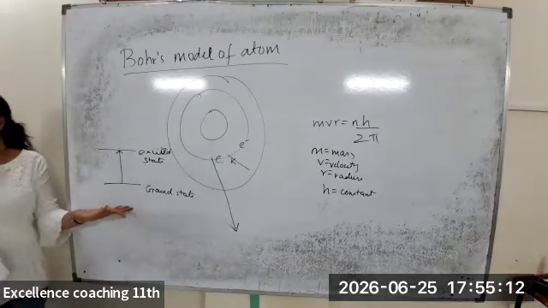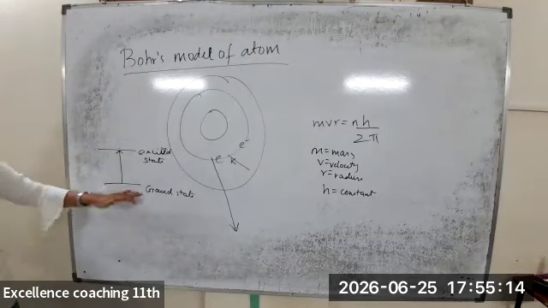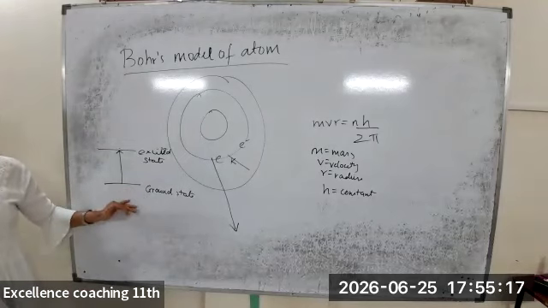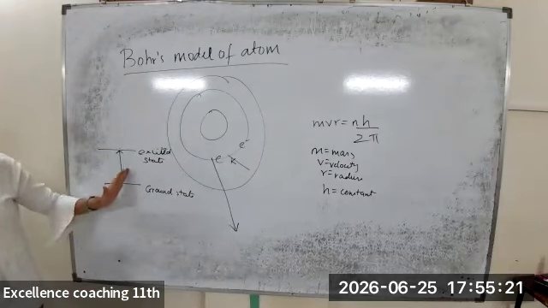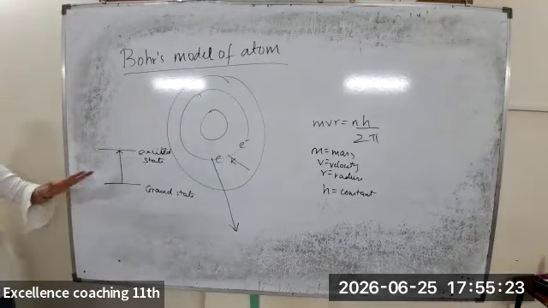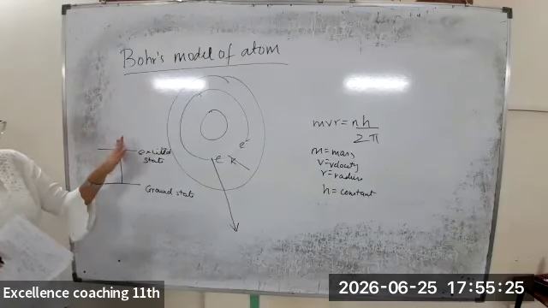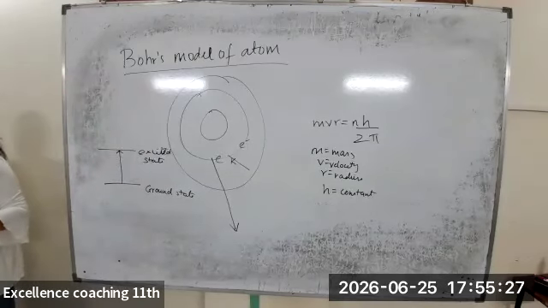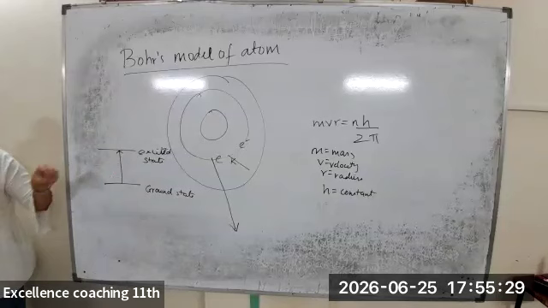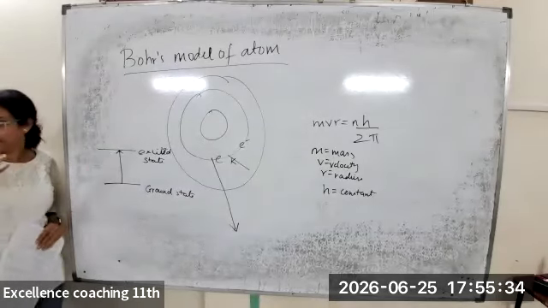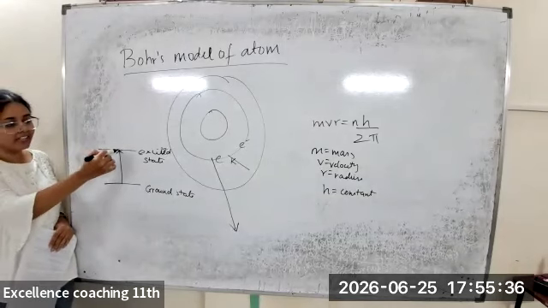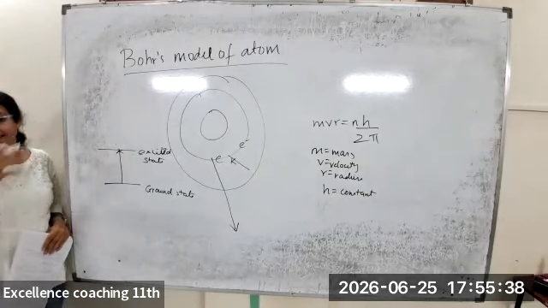The same thing happens with the electron at the ground level. At the ground state, it is very stable. But when it gets that energy and moves to the excited state, it will be unstable. It acquires that energy, moves to the excited state, and then it will be highly unstable.